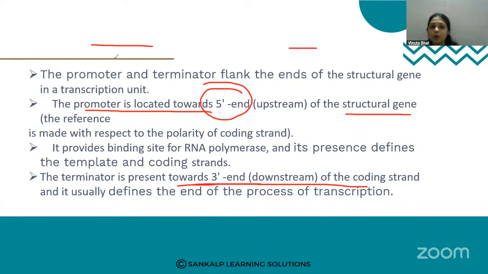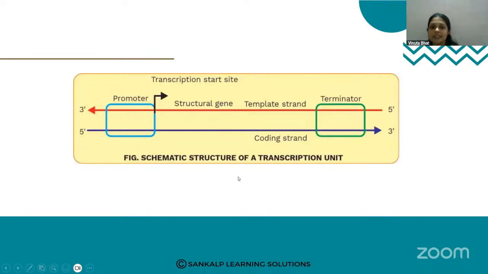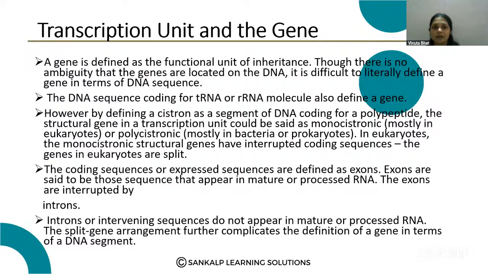So at the promoter, initiation of the transcription happens, and at the terminator, the transcription process ends. So this is the transcription unit. Let us see how the transcription occurs.